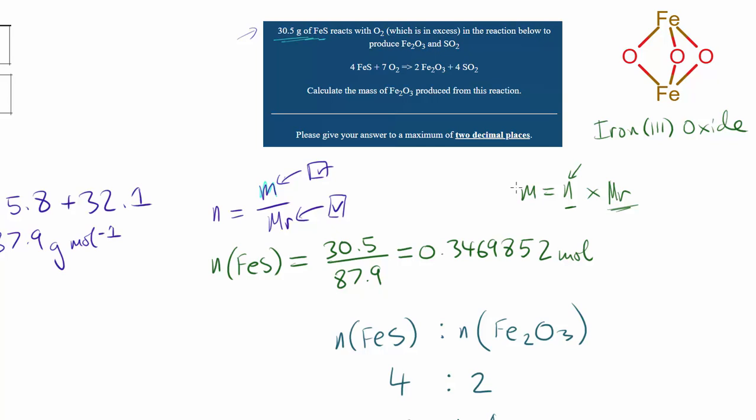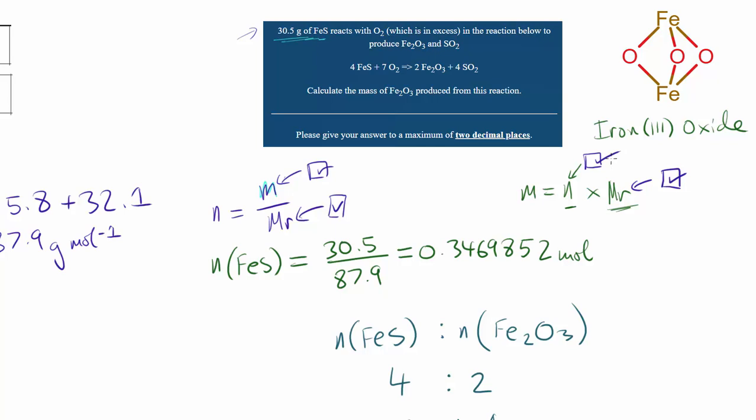And if we refer back to this equation again, what did we discuss? We discussed that we had the molar mass already. Or at least we could work that out easily from the periodic table. And this was the one that was maybe a bit more tedious to work out. But now we have the moles as well.